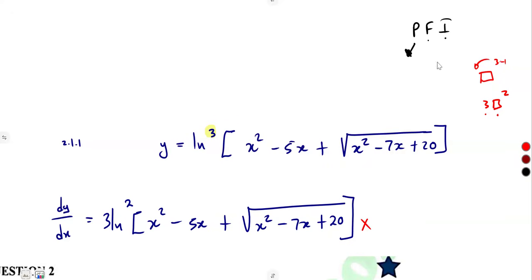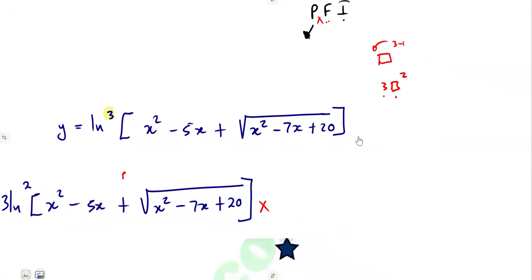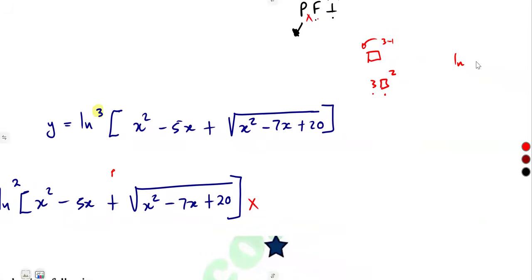Times the function. So this was our power, and the function is the ln. We are differentiating a ln. If you are given ln x, the derivative is going to be 1 over x.